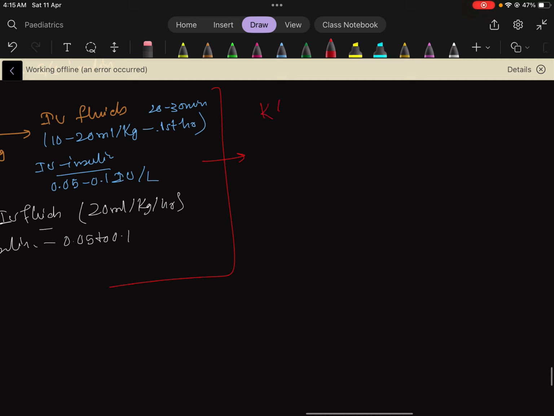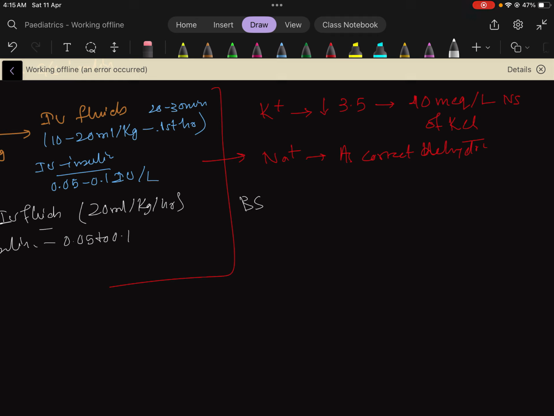We have to monitor the potassium level. If it falls below like 3.5 or something, we have to add 40 milliequivalents per liter of potassium chloride in NS. Then for sodium balance, basically as we correct dehydration, it itself becomes normal.